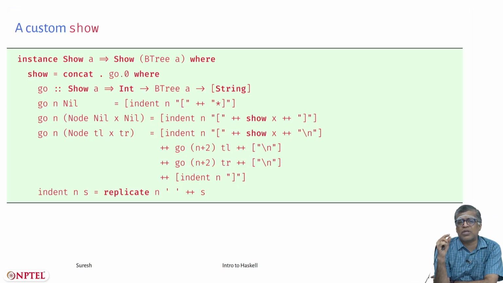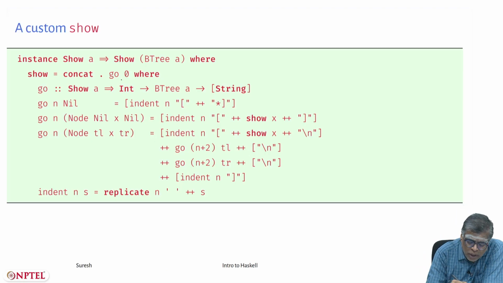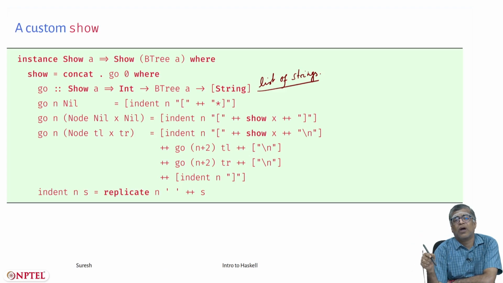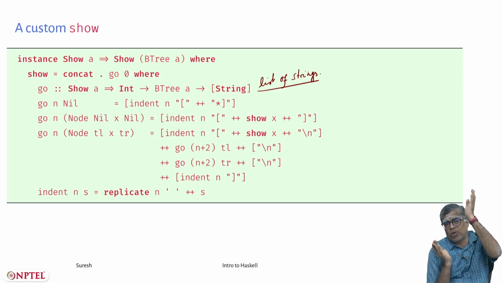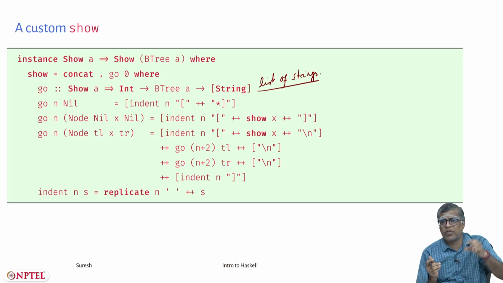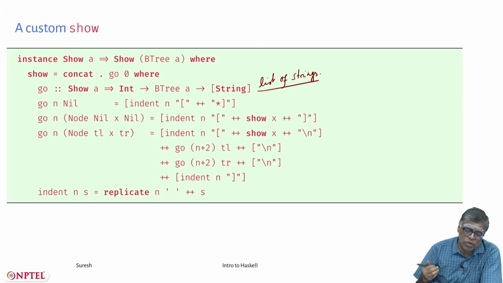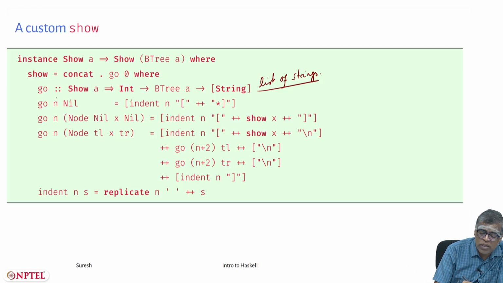And also what I am creating is a list of strings. One string corresponds to whatever I want to print on each line, and if I concatenate all of them, I will get one whole string, which will print line by line. Okay, so n is the indentation level.